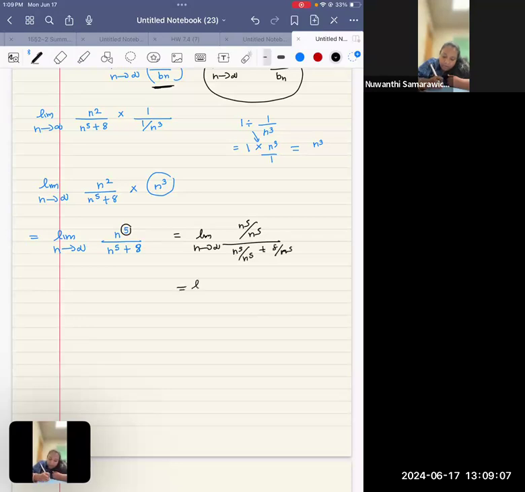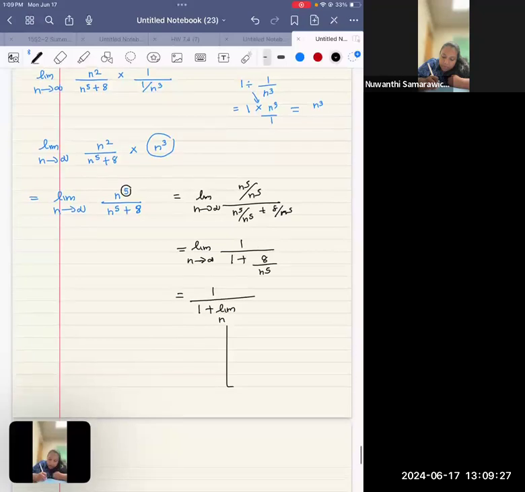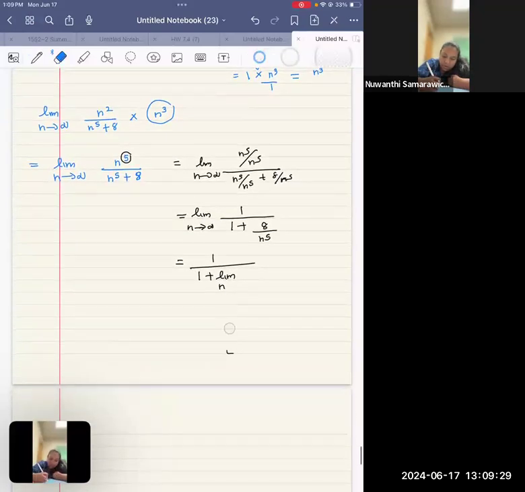So we will have 1 over 1 plus 8 over n to the power 5. Then when n approaches infinity, what happens to this 8 over n to the power 5? This whole thing is 0. So we will have 1.